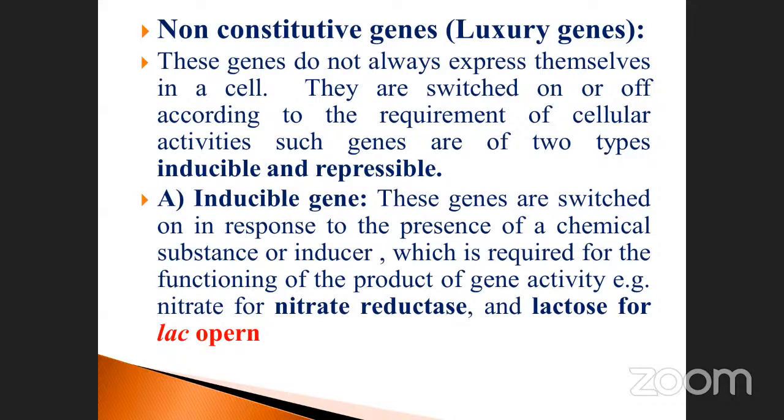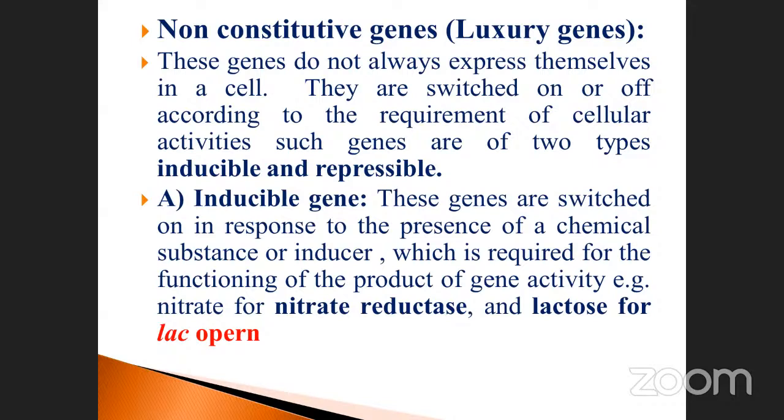During that reaction, when we add chemical substances or any other inducer, just like an enzyme, the particular gene becomes active. Suppose we add too much inducer and the reaction becomes very high. If you want to stop it, you add a repressor, which is required for the function of the product of the gene activity.